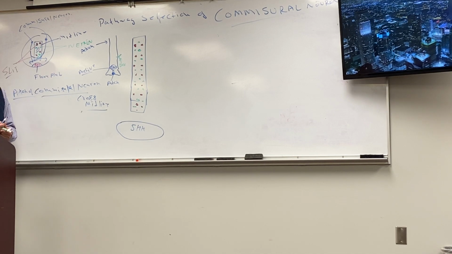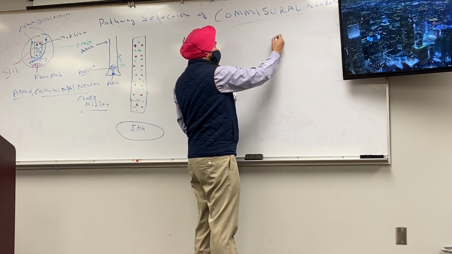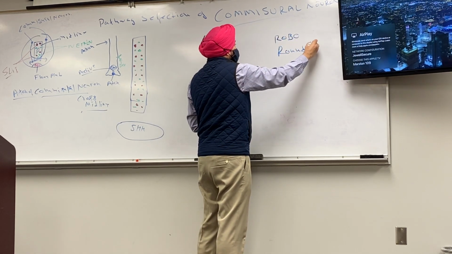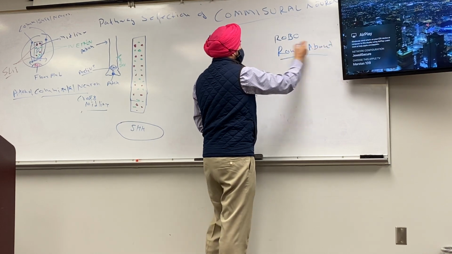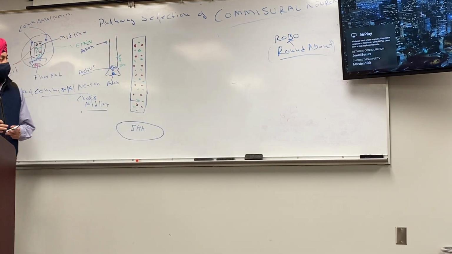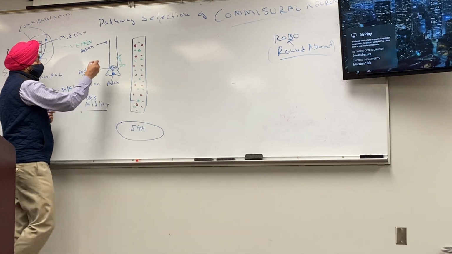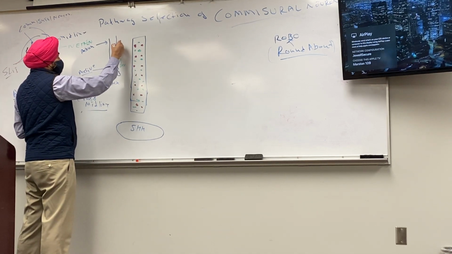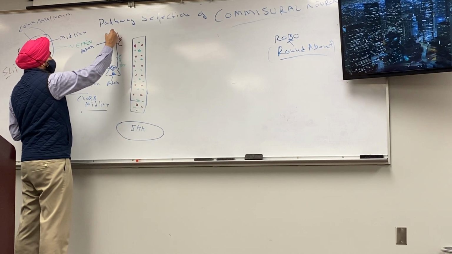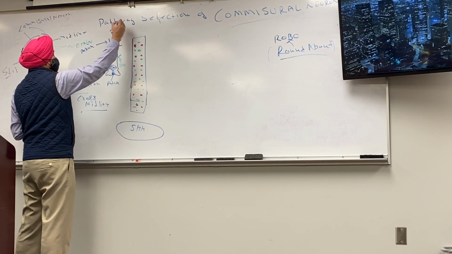It doesn't happen because of Robo. The full form of Robo is roundabout, so remember that also. They also have receptors here for slit, the Robo receptors. Robo has Robo 1, Robo 2, Robo 3. This is the Robo 1 receptor.